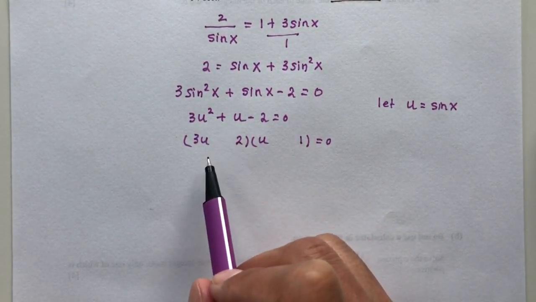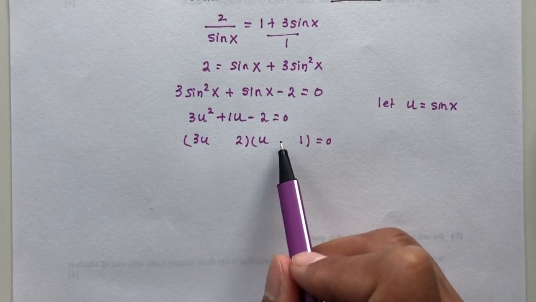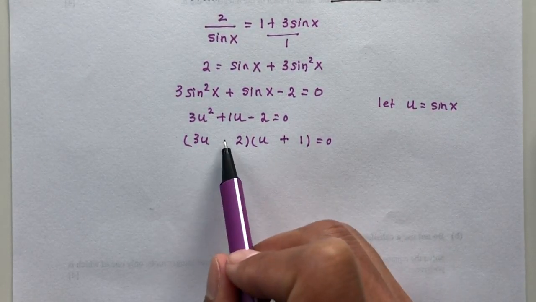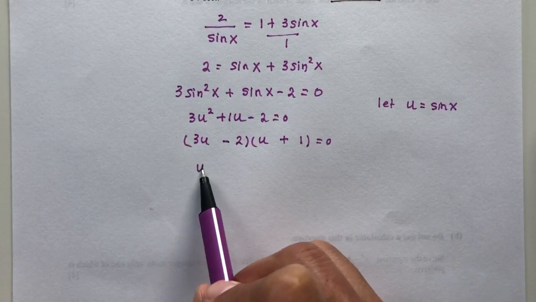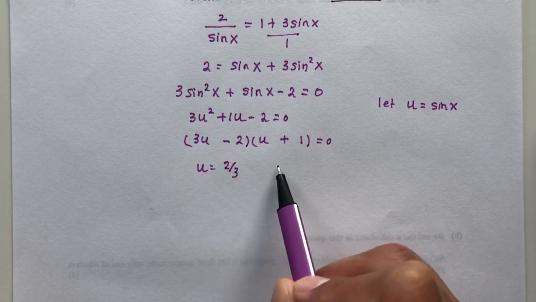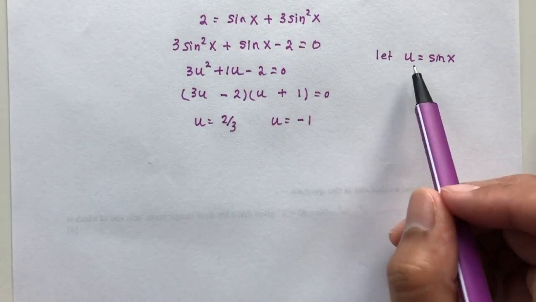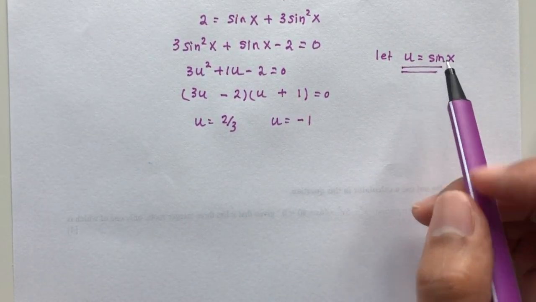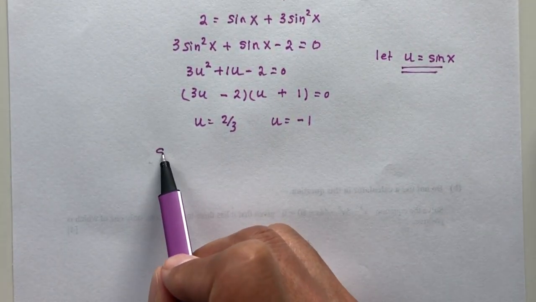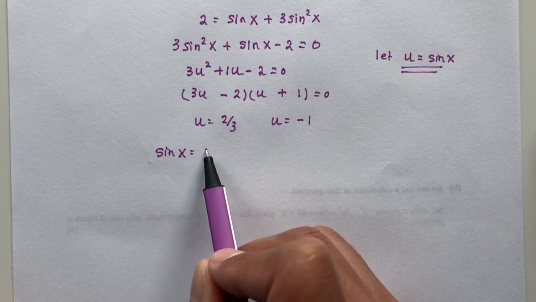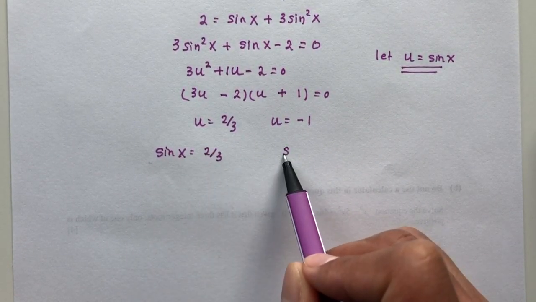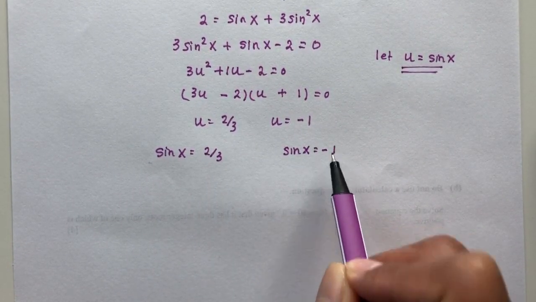For us to get plus 1u, we have to do plus 3 minus 2. So u will be 2 over 3, or u will be minus 1. Now you have to go back to the main replacement. u is actually sin x, so sin x can be 2 over 3, or sin x can be minus 1.